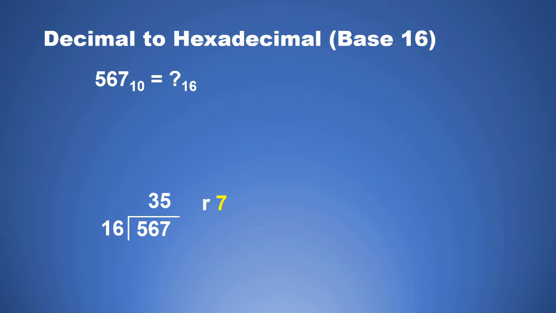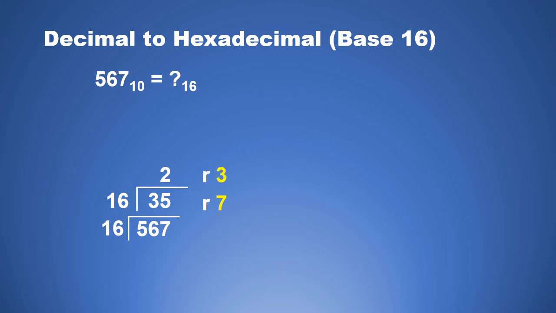Next, we start with the quotient 35. So we will repeat the division process until the quotient generated will be 0. Okay, so 35 divided by 16. We will get the quotient 2, with the remainder 3.